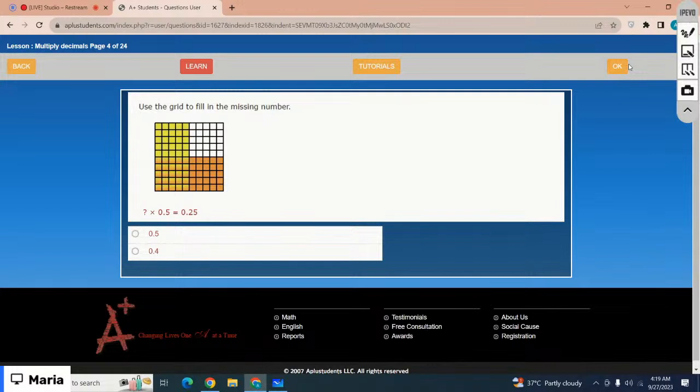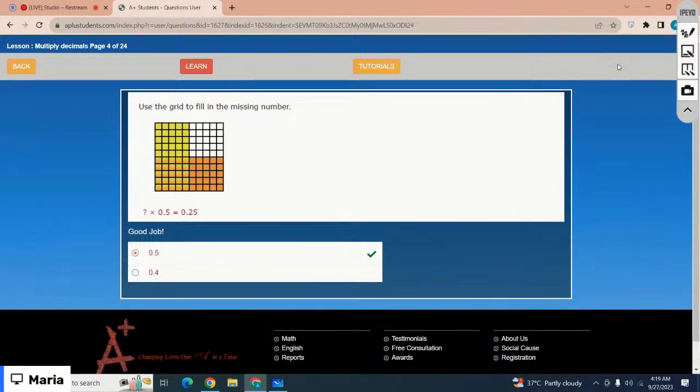The correct option is 0.5 times 0.5. 1, 2, 3, 4, 5. 1, 2, 3, 4, 5. 0.5 it is. You can see for both the colors, 5 of the lines are colored, right? So that would be 0.5 times 0.5. Yes, that is 0.5, right?